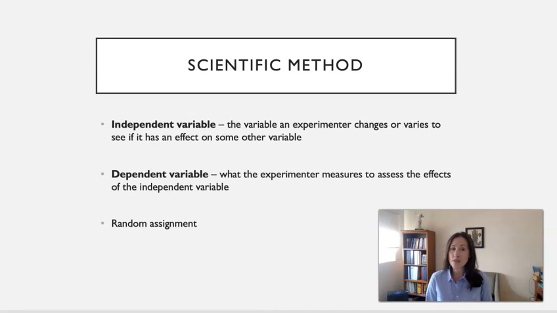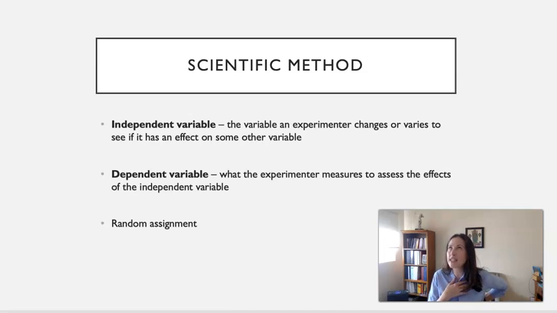That other variable it would have an effect on is the dependent variable. It's what you measure to assess the effects of the independent variable. The easiest way to know the difference between an independent and a dependent variable, if you are trying to see which one is in an experiment, like if it is a test question.